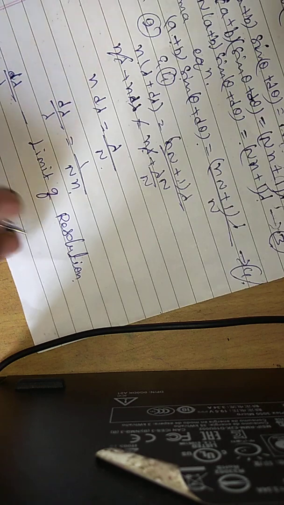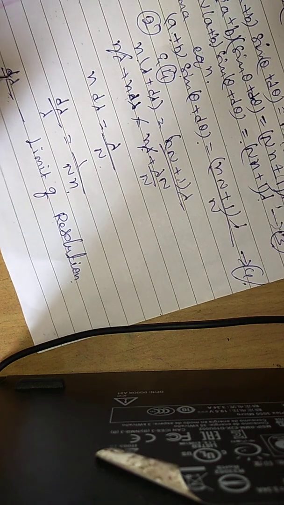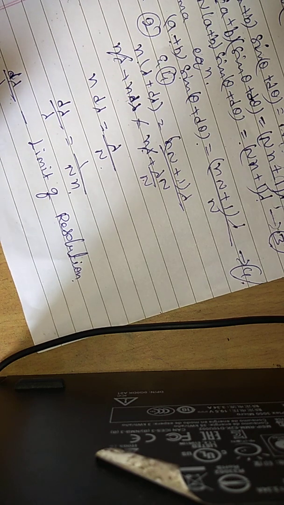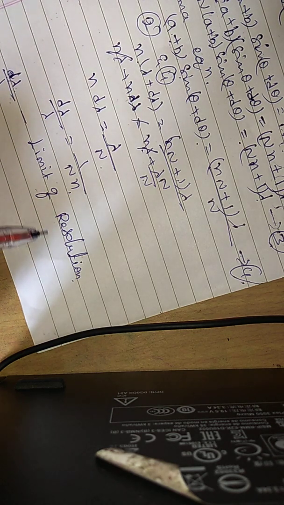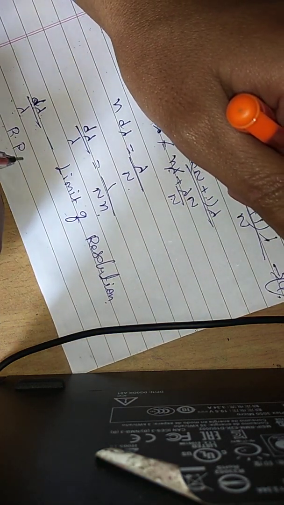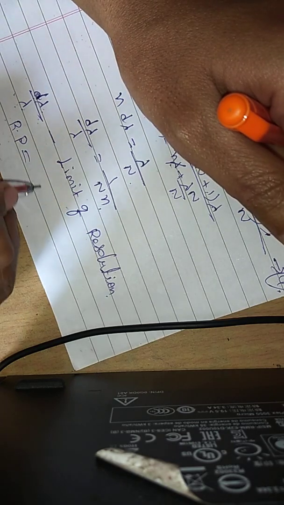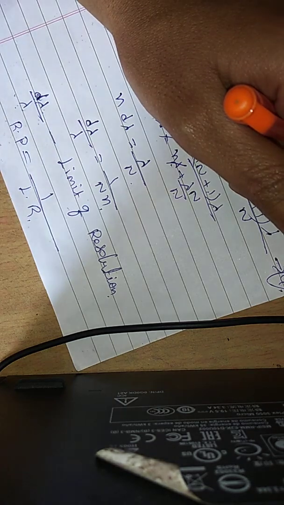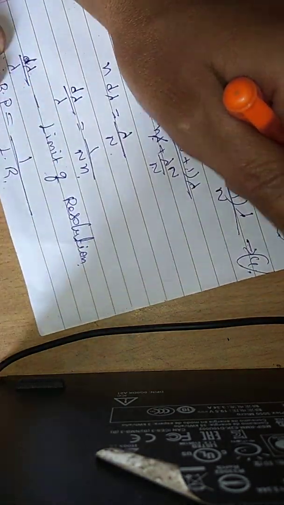Limit of resolution is nothing but the ratio of the change in the wavelength of light to the wavelength of light used. That is, d lambda by lambda is called the limit of resolution. Resolving power is defined as the reciprocal of the limit of resolution.